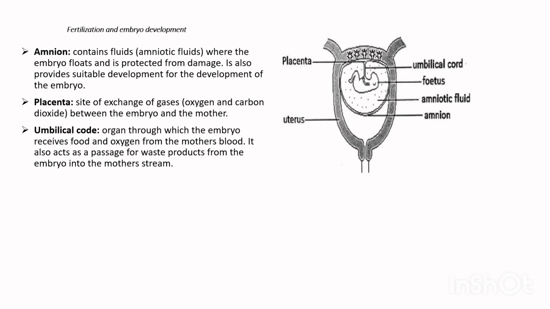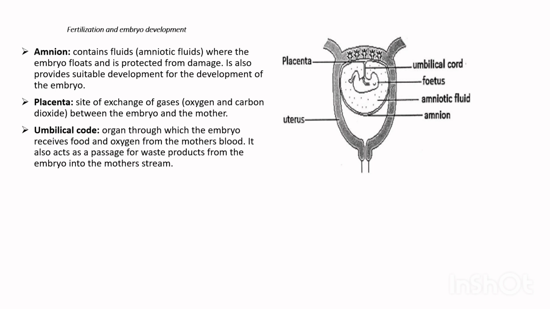And then we'll move to the placenta. The placenta is simply the site of exchange of gases, and at the same time the site of exchange of materials. Let me give an example again. The fetus and the mother are a little bit separated. What connects the fetus and the mother? It is the placenta.